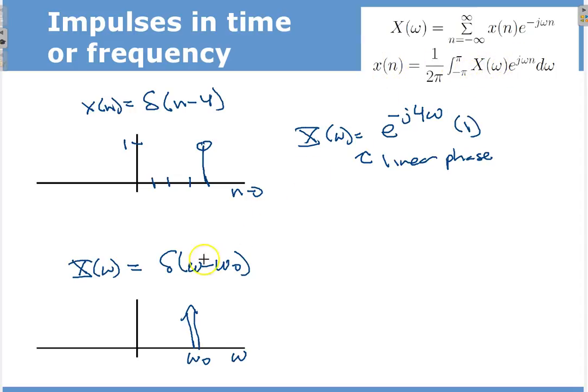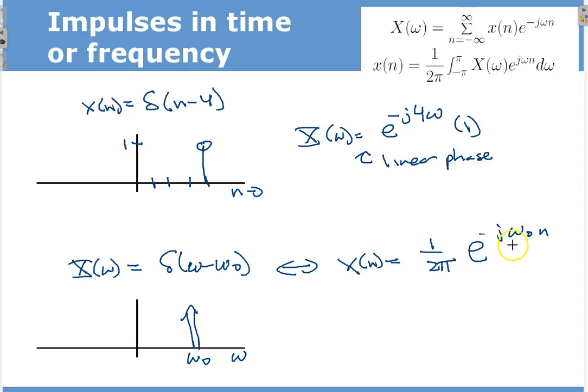The delta function pulls out the value at omega equal omega 0. It's 0 everywhere else, so we get x of n is equal to 1 over 2 pi times e to the minus j omega naught n.